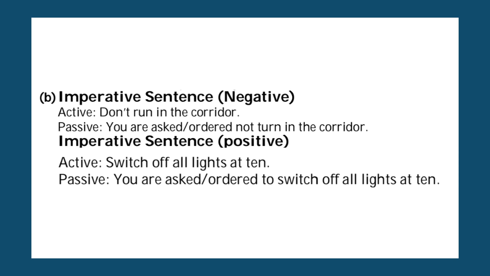Okay, in the previous negative sentence we wrote you are asked or ordered not to run in the corridor. But here there's no negative word. Okay, that's the only change. To switch off all lights at 10. We should use the form to plus infinitive here.